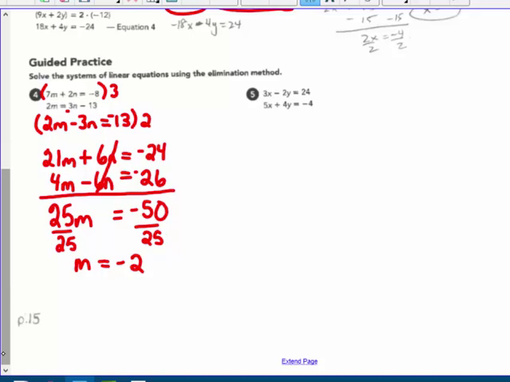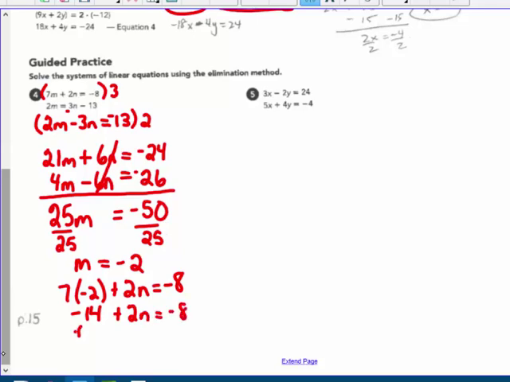Now, plugging that m back in, I'll just use the first equation here. 7m, so 7 times negative 2 plus 2n's equals negative 8. So I've got negative 14 plus 2n's equals negative 8.